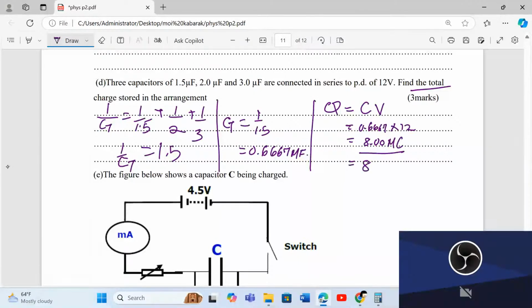This is like saying 8.0 times 10 raised to power negative 6 coulombs.